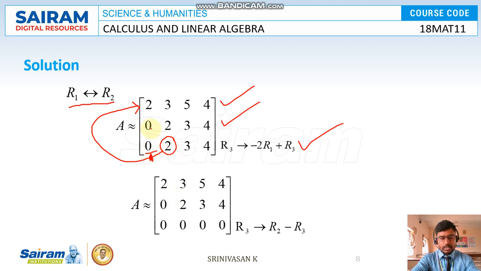So the second row's first element is 0, and the third row's first two elements are 0. In this step I'm just subtracting R2 from R3, so I get this. So the first row's first element is 0, the second row's first element is 0, and the third row's first and second elements are 0. Now we'll check the echelon form.